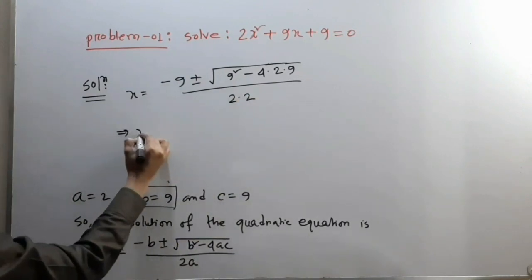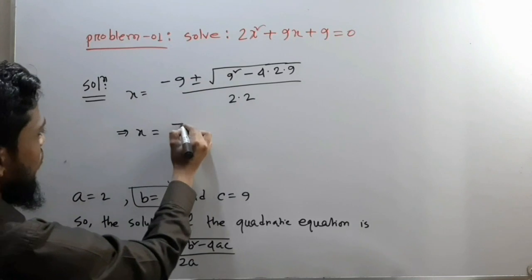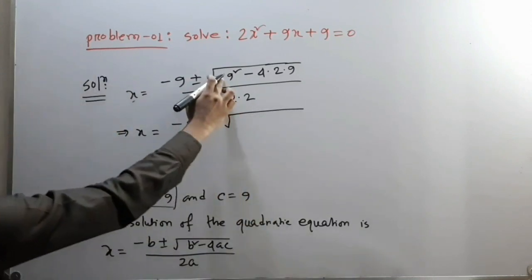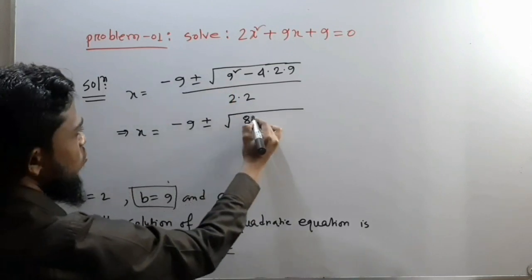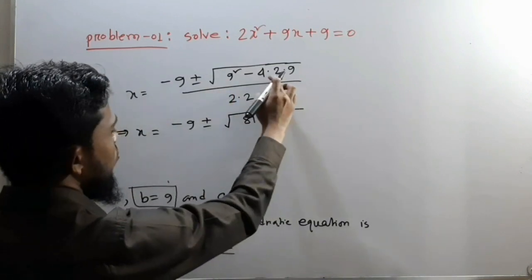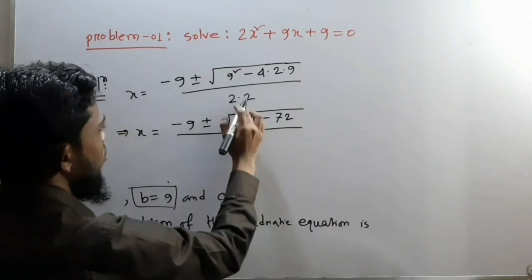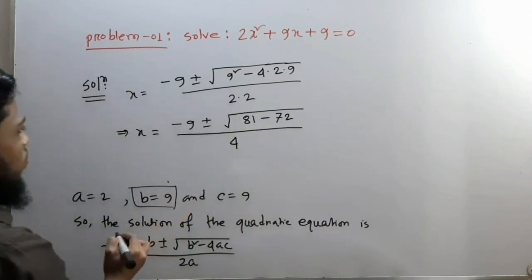So x is equal to minus 9 plus minus root over 9 square, that means 81, minus 4 into 2 into 9, that means 72, divided by 2 into 2, that means 4.